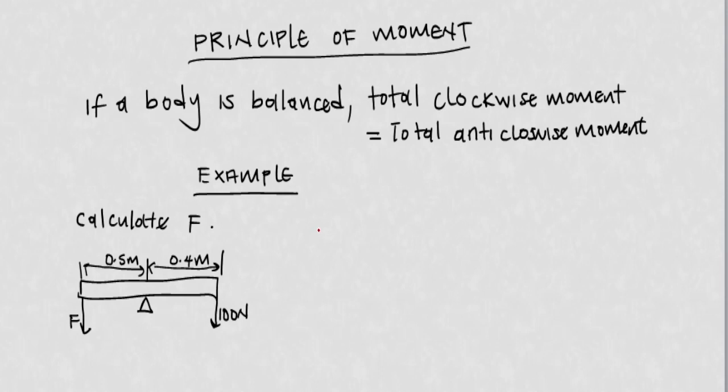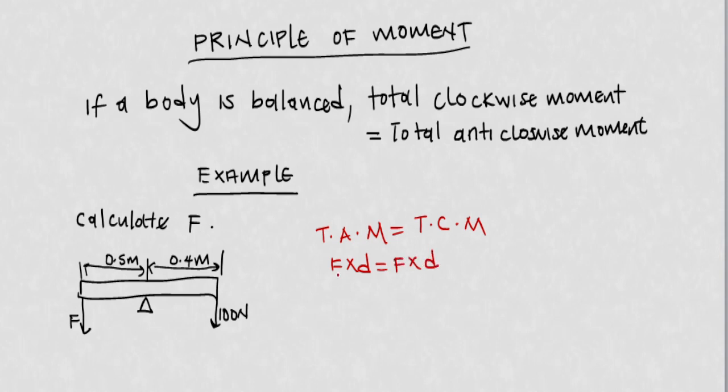So if I say total anti-clockwise moment should be equal to total clockwise moment. So therefore we know moment is calculated by saying force multiplied by distance. So I'll say should be equal to force multiplied by distance.